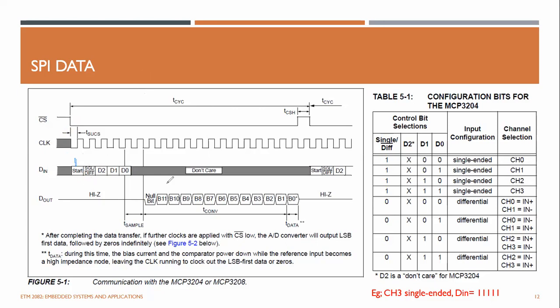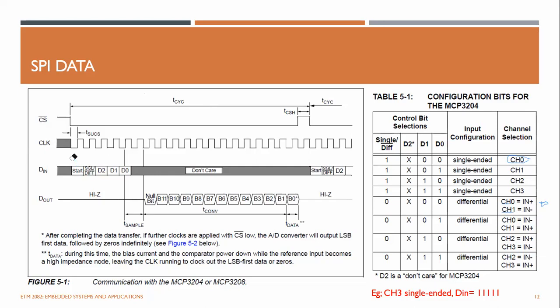Single mode means you just use a single channel. If you use differential mode, it is like a subtraction of two channels, CH0 and CH1. So the output will be the voltage applied to CH0 minus CH1, the differential voltage, if you select differential mode, right?